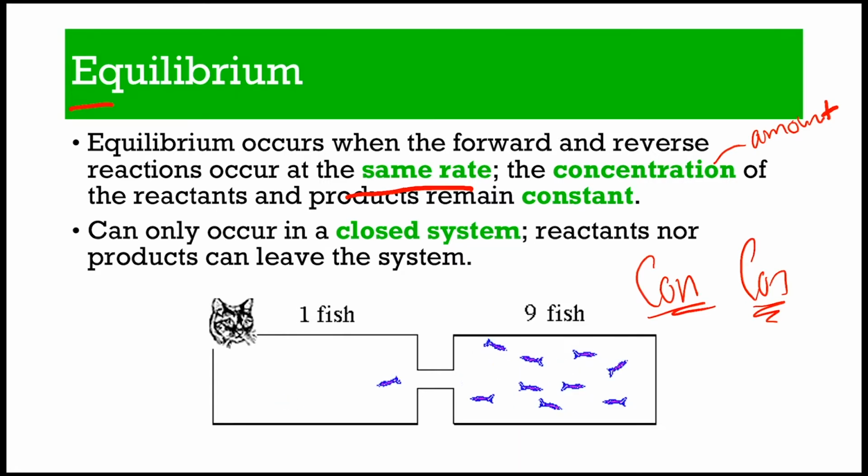That's what we mean by a closed system: nothing in, nothing out. So if there's a total of 10 fish in there, those 10 fish can swim to either side of the tanks, connected by that tube, but none will be added or taken away. This is called a closed system.